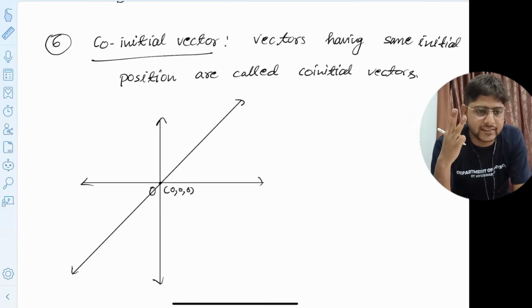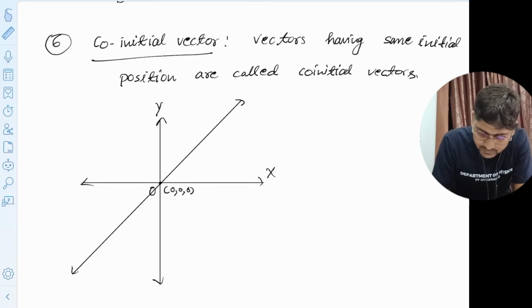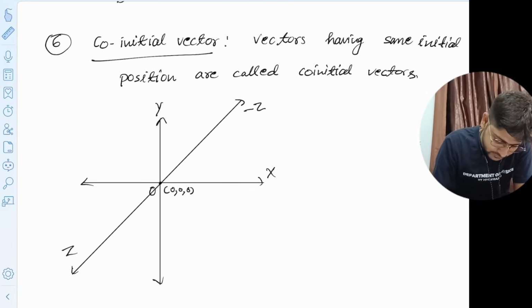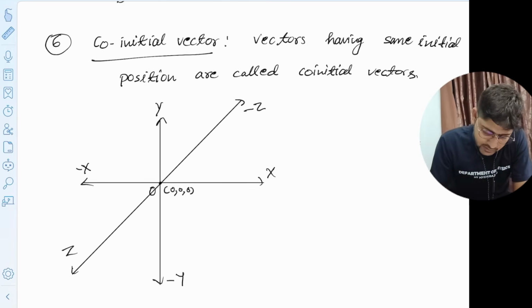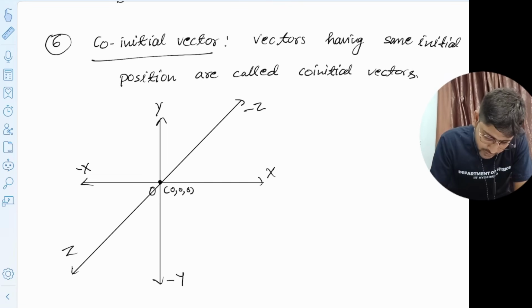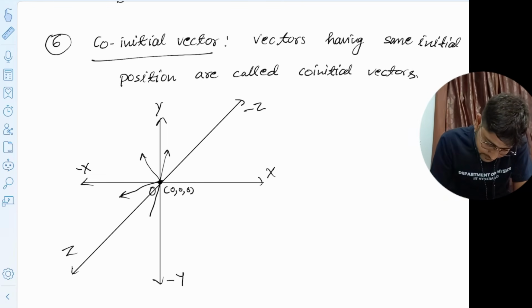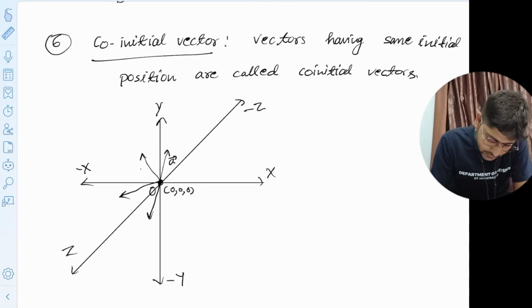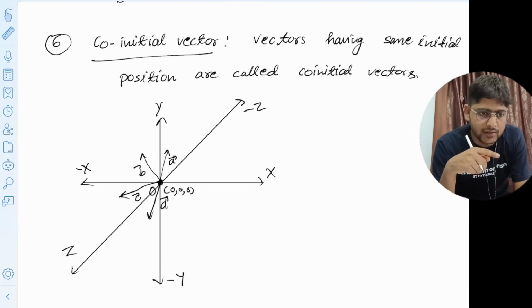We have three axes in 3D: x-axis, y-axis, and z-axis, and minus z, minus x, minus y. Suppose from one point, our origin, we have so many vectors. Suppose this is vector A, vector B, vector C, vector D. Then vectors A, B, C, D are called co-initial vectors.